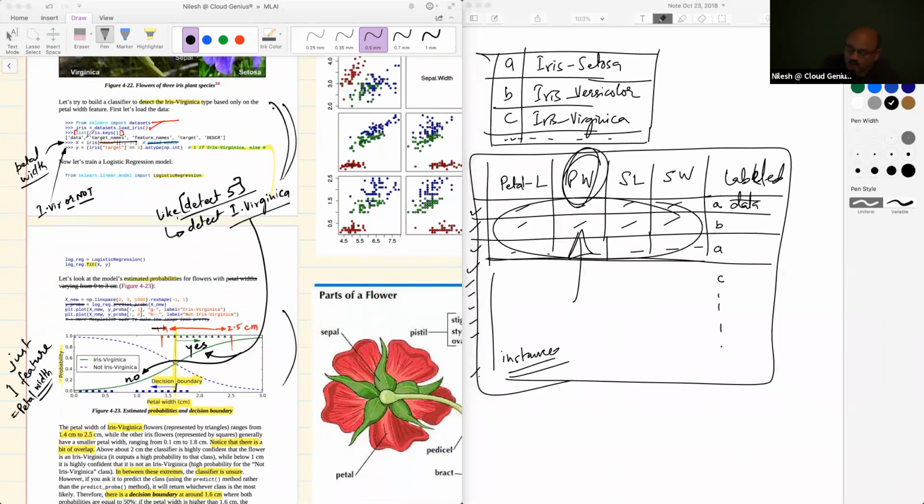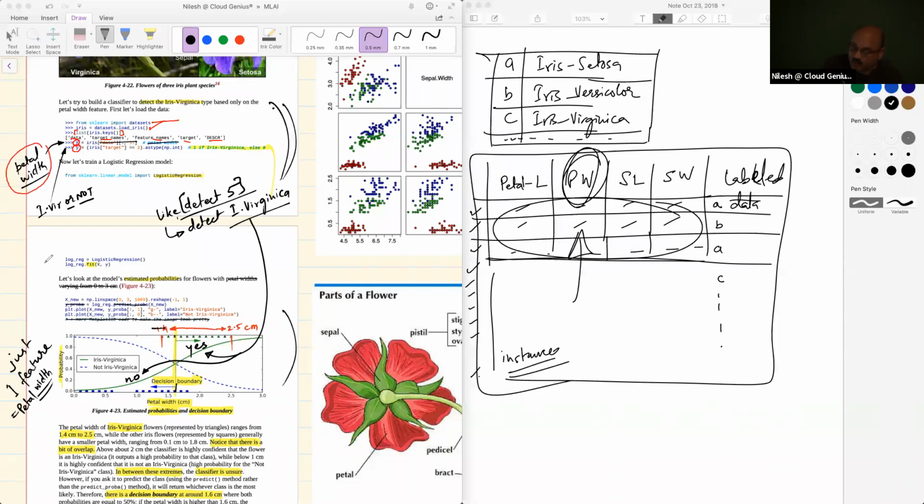And we get data, target names, feature names, target, and description. And with that understanding, what we are doing is evaluating X as the petal width and Y as the answer to the correct type of flower, whether it is A or B or C.